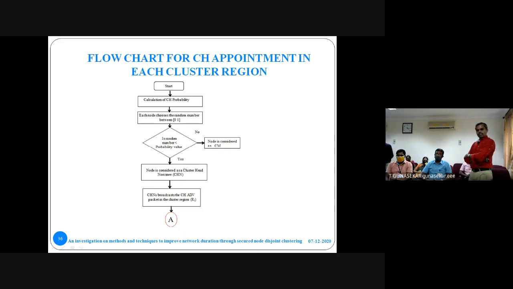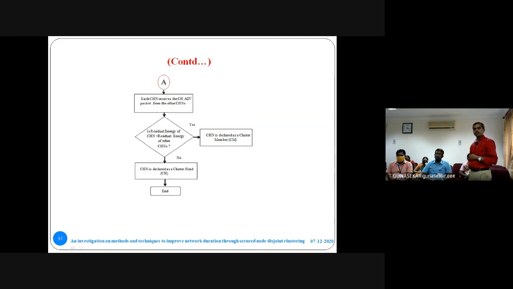The cluster gate nominee broadcasts the cluster gate advertisement packet to the members in the cluster region. Each cluster gate nominee receives the cluster gate advertisement from other cluster gate nominees. Each nominee shares its advertisement with the nearest nominees, and they compare the residual energy level.